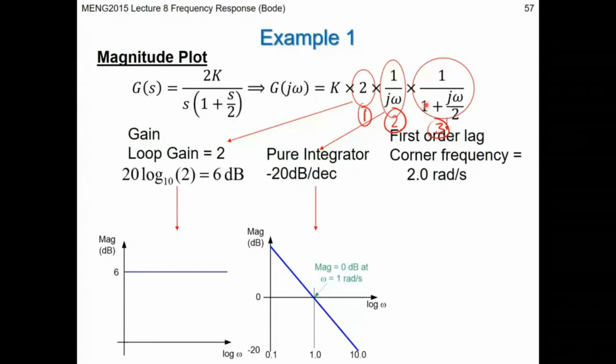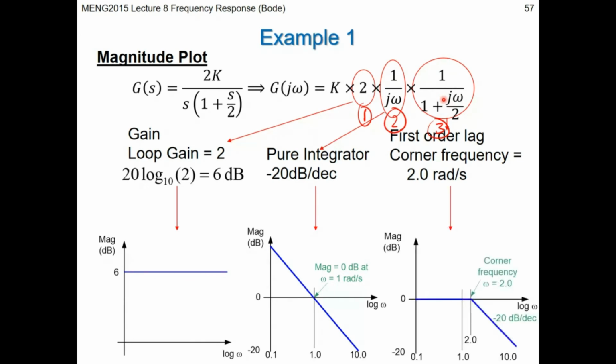And then we've got a first order lag here. Below the corner frequency, you'd expect 0 decibels. Above the corner frequency, you'd expect minus 20 decibels per decade. The corner frequency is going to be 1 upon tau. Tau in this case is 1 upon 2, so that's going to be 2. So we have 0 decibels up to our corner frequency of 2, then minus 20 decibels per decade after that.